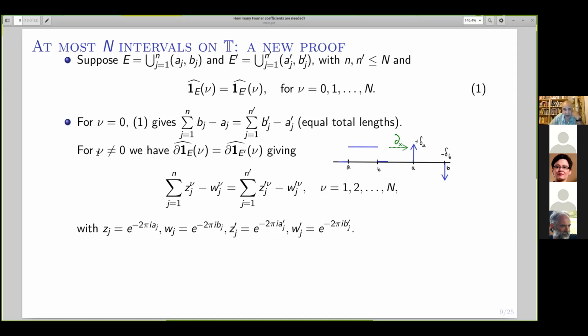So our identity of the Fourier transform for nu non-zero is essentially this identity here. Okay, this is true for every nu from 1 to n.